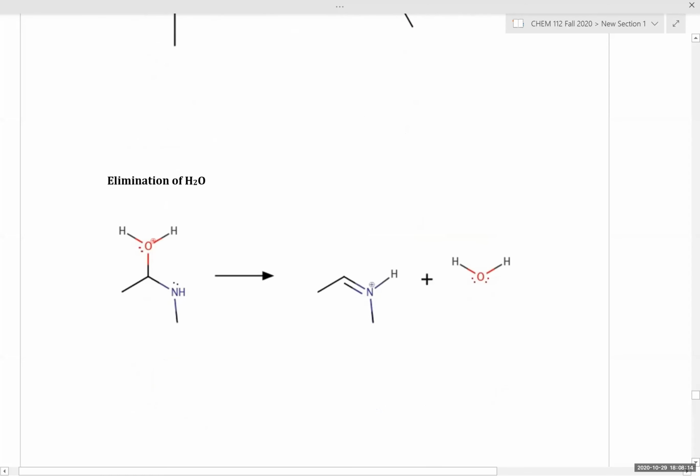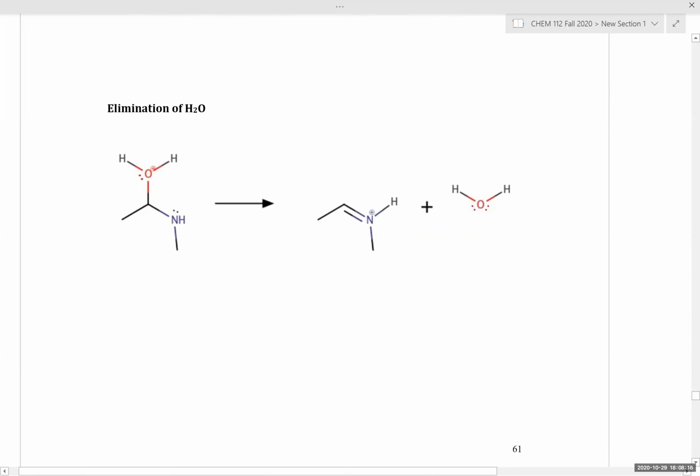Let's look at another very common step in many reactions, which involves the elimination of water. So I'd like you to attempt to draw a mechanism for the following elimination reaction. This is a polar reaction mechanism, or a polar step.